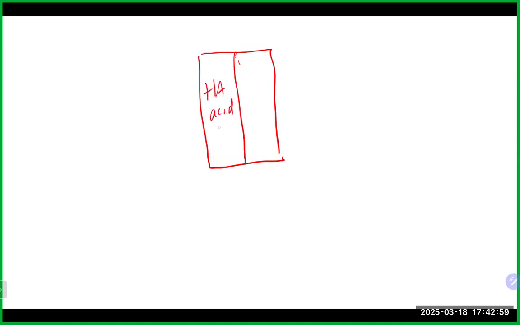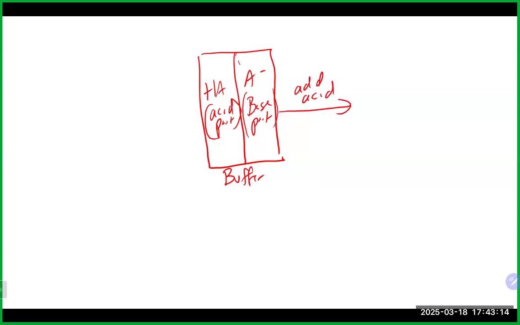So remember how a buffer works: you have your acid part, which is sometimes just abbreviated as HA, and A minus is the base part of your buffer. When you add acid to it, it will react with the base part of the buffer. And what always happens in a buffer situation is you'll actually make the other part of the buffer.